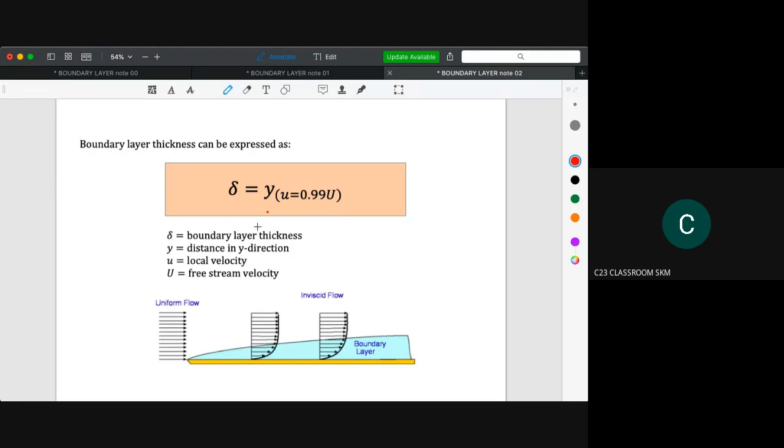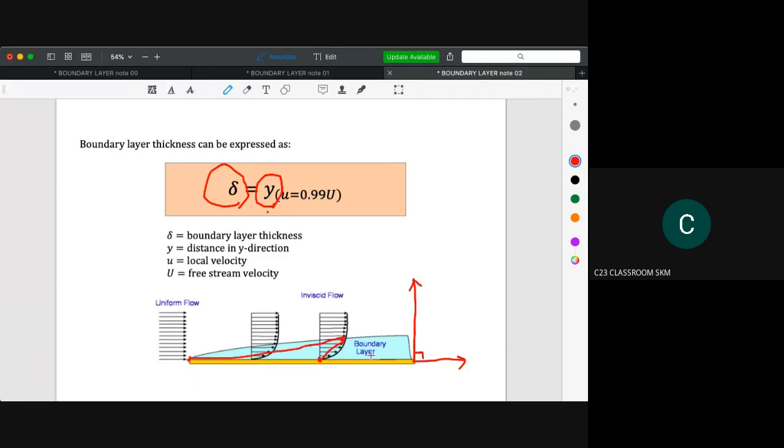From this equation, you should know that the delta here, the thickness, is the value on the y-axis. So this is the y-axis. The boundary layer thickness means the distance along the y-axis. And you know the y-axis is 90 degrees from the x-axis. Please do not measure from here to here or from here to here.